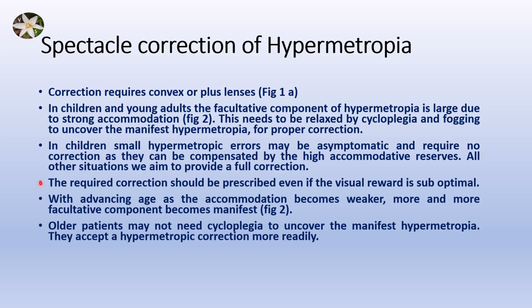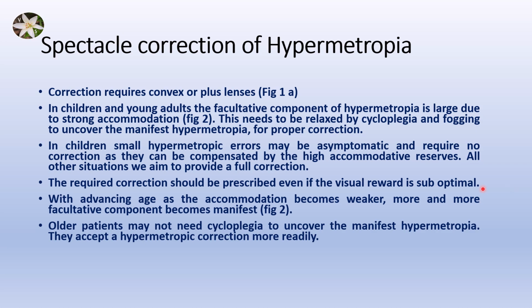The required correction should be prescribed even if the visual reward is suboptimal. This I want to emphasize as often we see that when with the correction with glasses the vision does not improve optimally or improves only partially, it is mentioned no acceptance, hence glasses not prescribed.